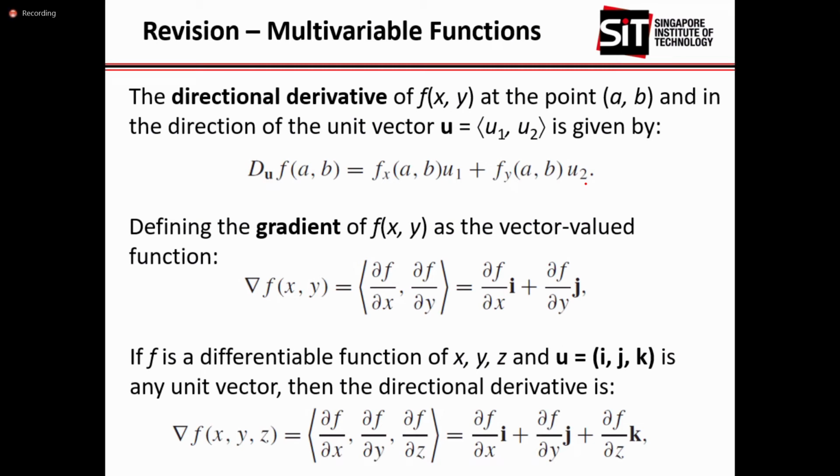So the component of the gradient along i is the partial derivative along x. The component of the gradient along j is the partial derivative with respect to y, and the component of the gradient along k is the partial derivative along z.